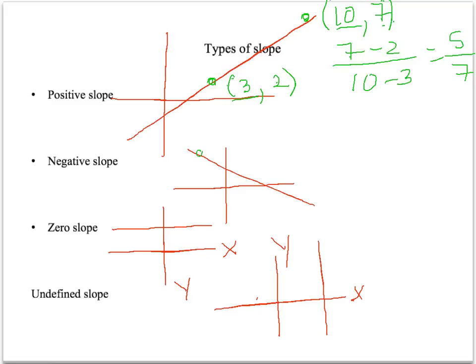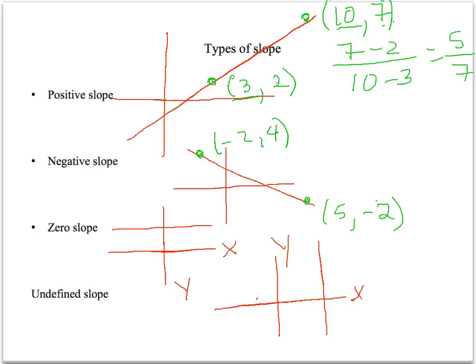Alright, let's take a look at this one. This one, we will say that my x value is negative 2 and my y value is 4. Over here we'll say our x value is 5 and our y value is negative 2. Okay, so I'm going to do the same thing. I'm going to find the difference in my y's and divide that by the difference in my x's.